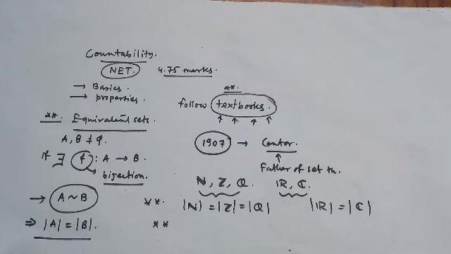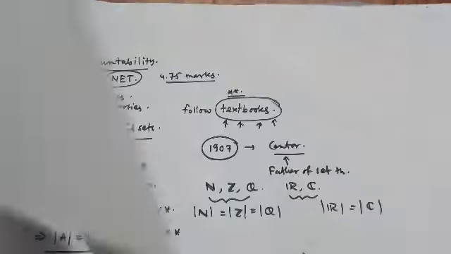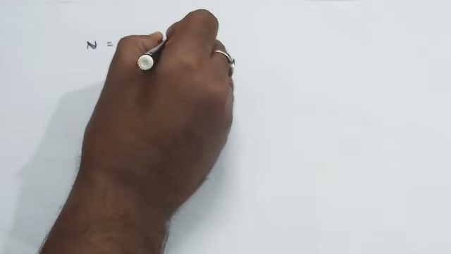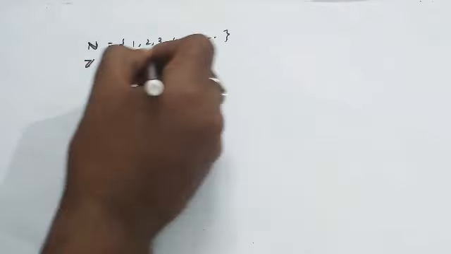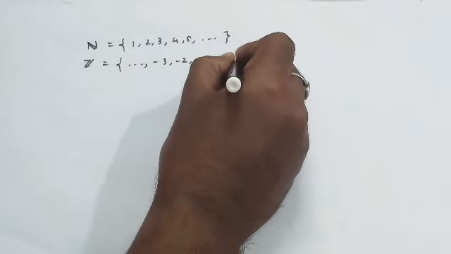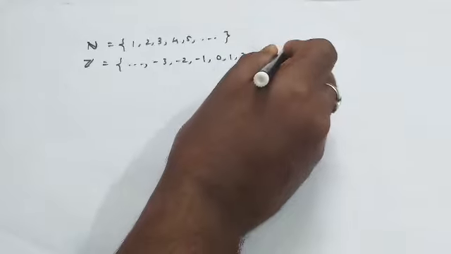Now I just want to give you a flavor of how things work, like how the cardinality of N and the cardinality of Z are the same. Observe it carefully. N is 1, 2, 3, 4, 5 and so on, and Z means ..., -3, -2, -1, 0, 1, 2, 3 and so on.